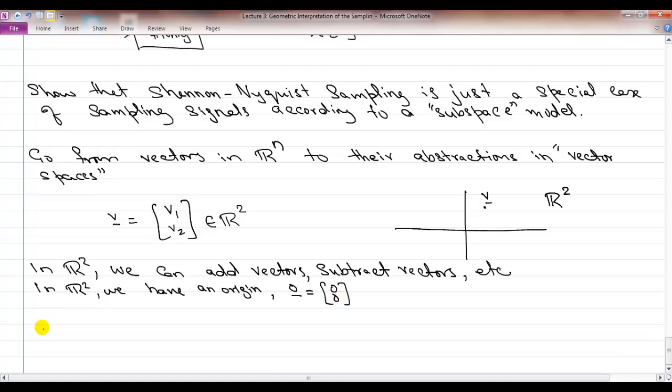What a vector space is, is a generalization of the same concepts to mathematical objects that don't, in the traditional sense, get called vectors. For example, we will end up with a collection of functions, and each function will be called a vector.